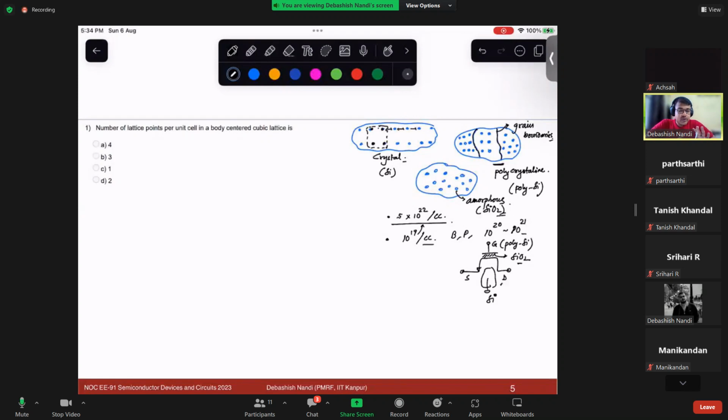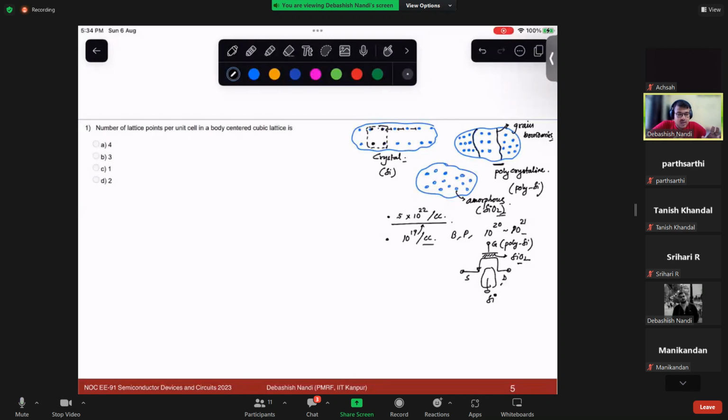Now we will talk about crystals only, bulk silicon crystal. In a crystal, as someone has rightly said, the unit cell is the smallest thing which, if replicated, can make the entire crystal structure. In 3D there are 14 types of crystal structures, and in 2D there are 5 kinds.